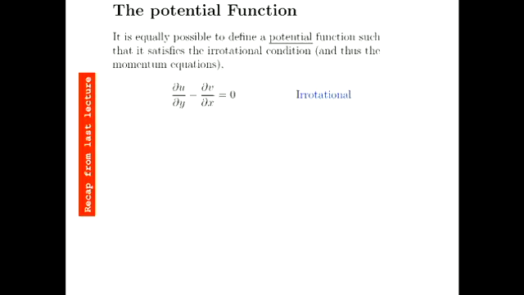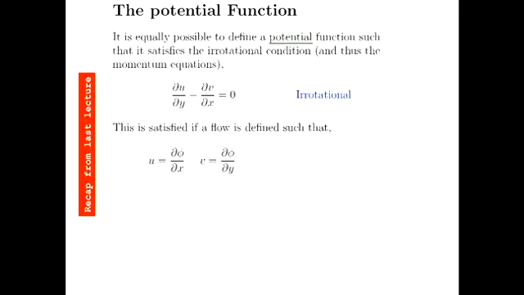So that equation for irrotational flow is just du/dy minus dv/dx is equal to 0, and I hope that you can all see that if I define the potential function in the following way, so that the potential function is phi, I'm using this Greek symbol phi, and I define the velocity so that u equals d phi/dx and v equals d phi/dy, and I substitute d phi/dx for u and d phi/dy for v in that equation for irrotationality, that's automatically satisfying that irrotational condition.